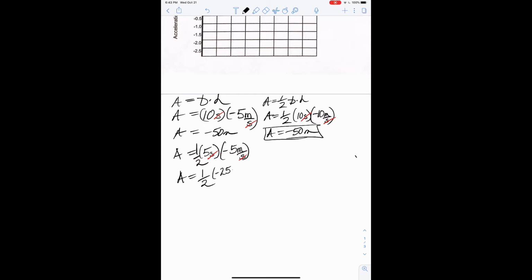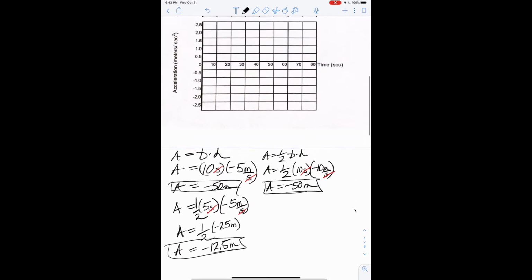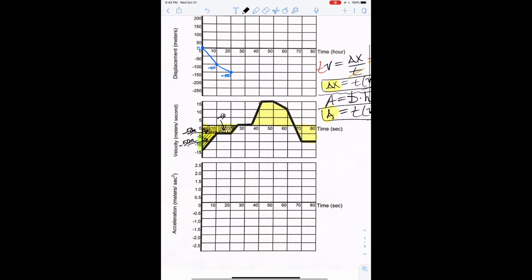Negative 25 meters times a half, which is negative 12.5 meters. All right, so we're going to tack on 12.5 meters in the negative direction for our area of that small triangle. So this right here is negative 12.5.